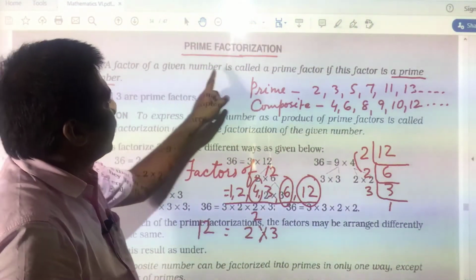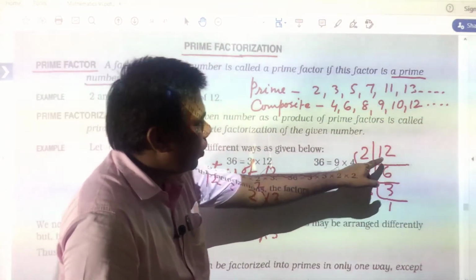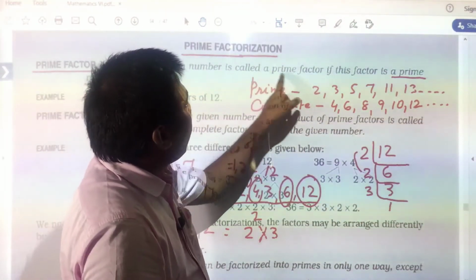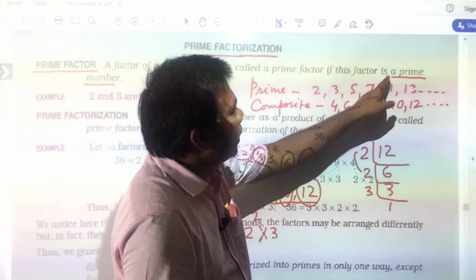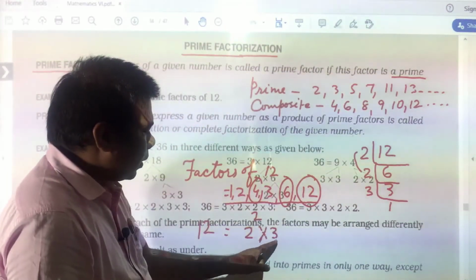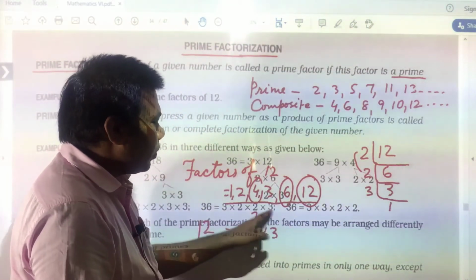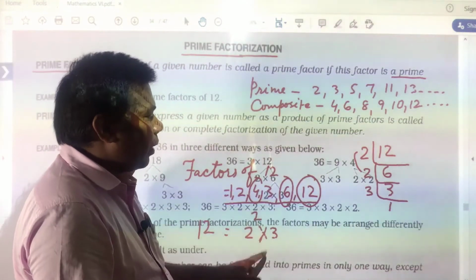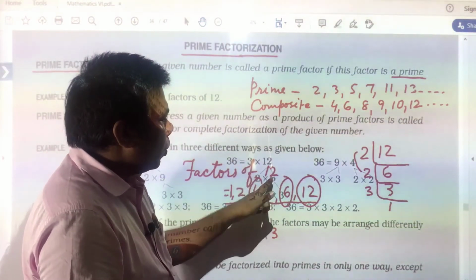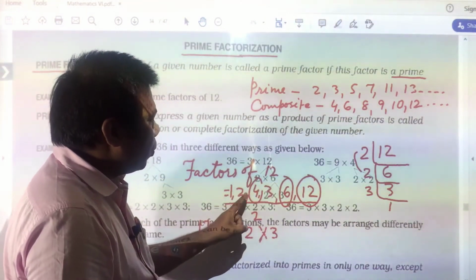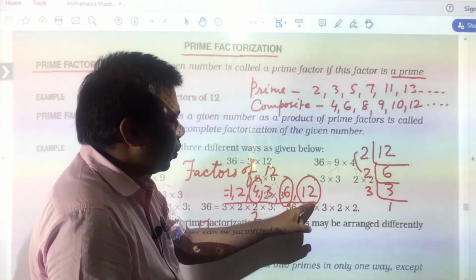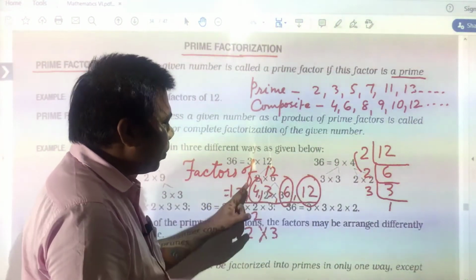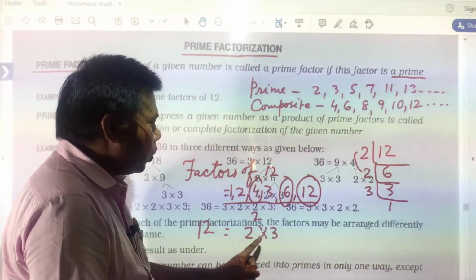A factor of a given number, suppose 12, is called a prime factor if this factor is a prime number. Although 12 has factors 1, 2, 4, 3, 6 and 12, the prime factors are only 2 and 3.